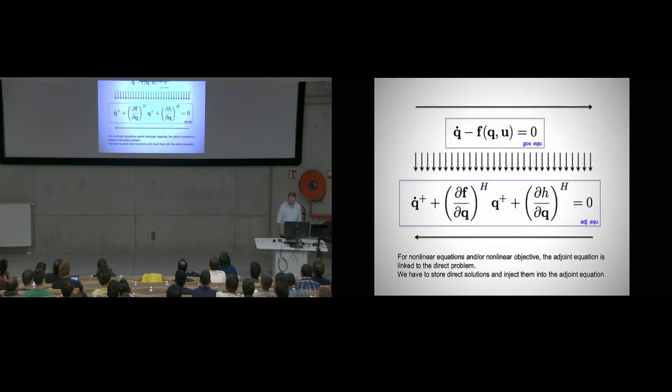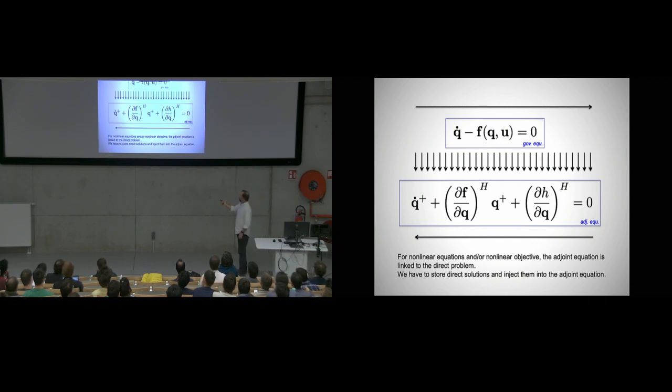Okay, the second thing I wanted to mention about the implementation. So now we know how to get the adjoint. There's one more thing that really can give you a headache. Here is your equation, okay? And that's the forward equation for which you have a code, okay? And let's say f is nonlinear.